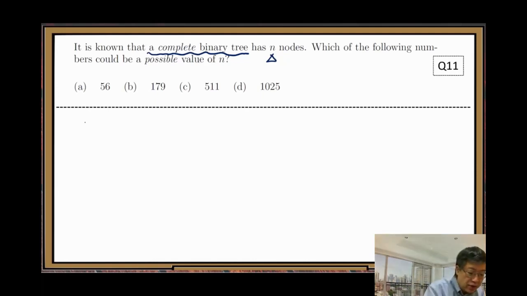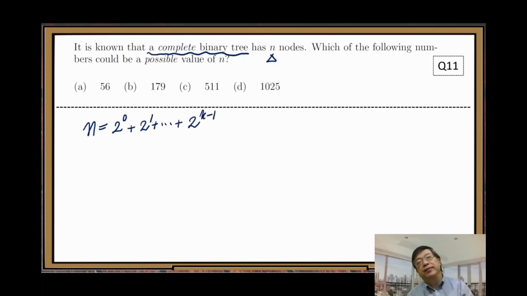Yeah. So for the number of nodes, you just add up all the levels. The root level, let us assume level 0, is 2 to the 0. Then level 1, and so on, suppose the last one is level k minus 1.